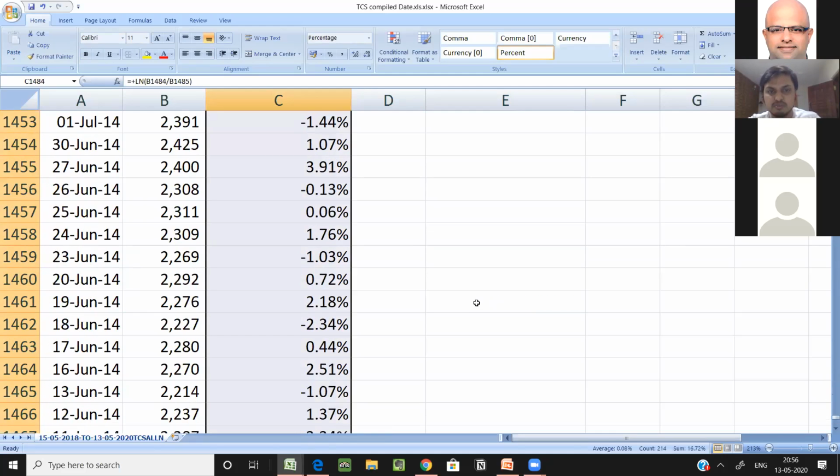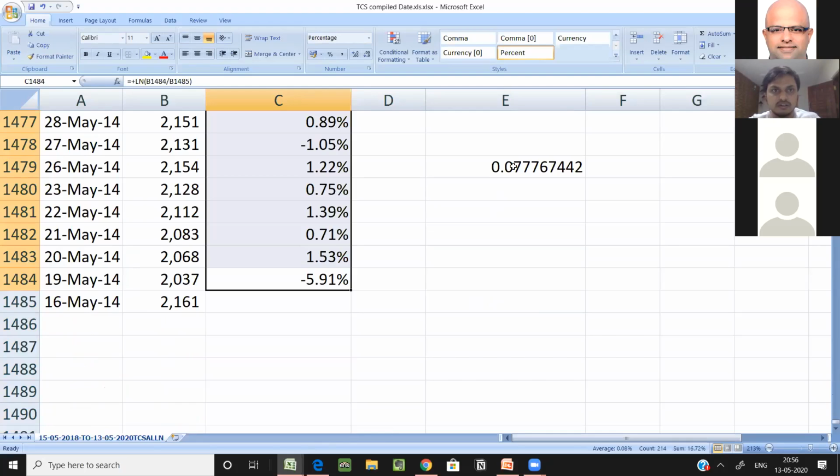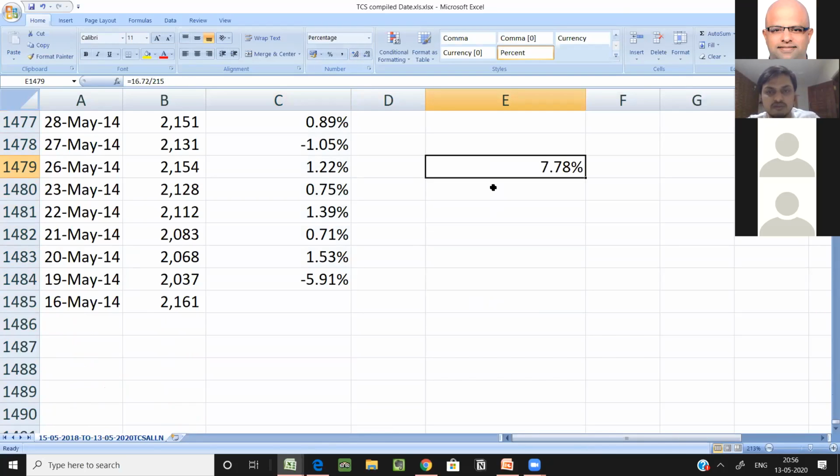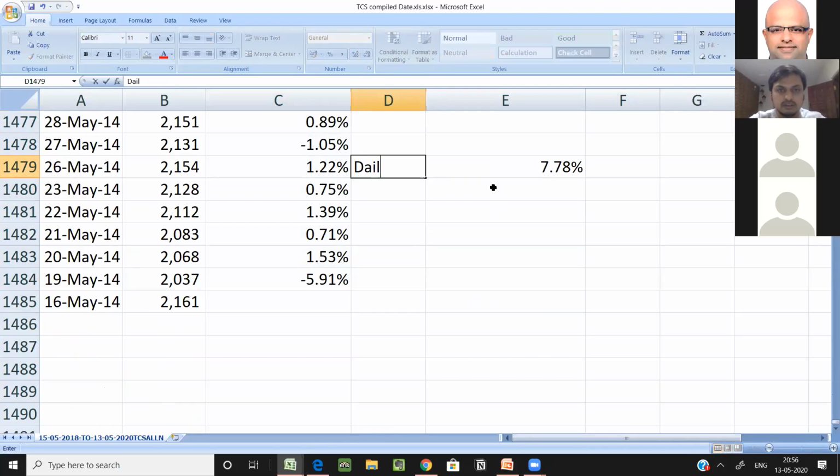I think the number of trading days was less here. That is the reason why this problem is occurring. So the daily volatility is actually quite high. Sorry, this is yearly volatility.